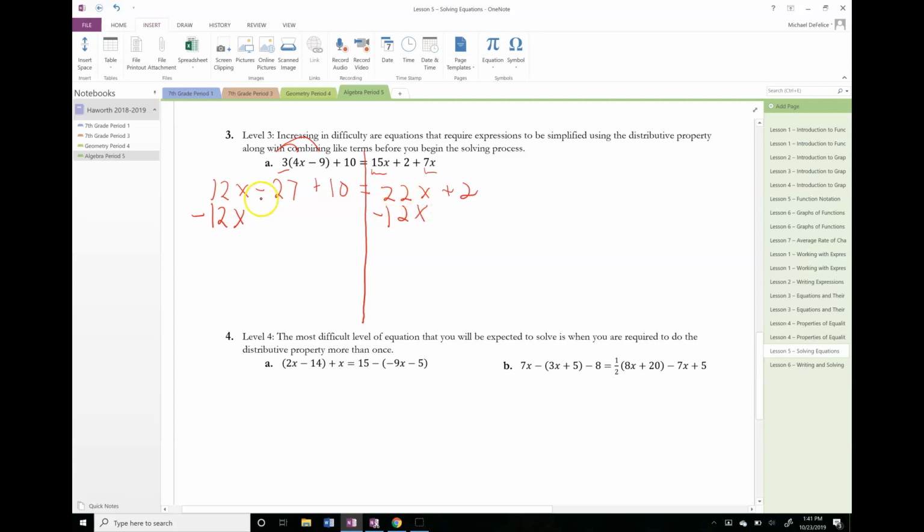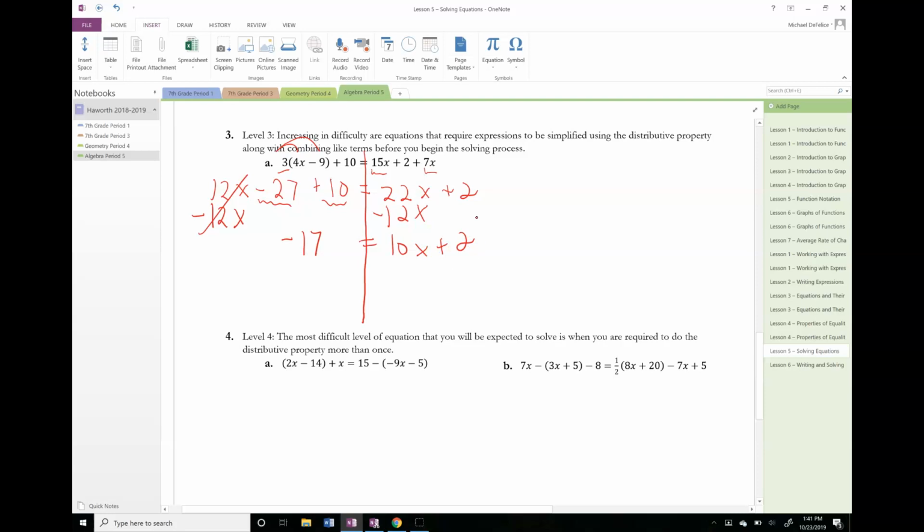I also had like terms here that I could have combined to start. So I'll combine them now. The 12x and the minus 12x make 0. The negative 27 and the plus 10, that makes negative 17, equals 10x plus 2.